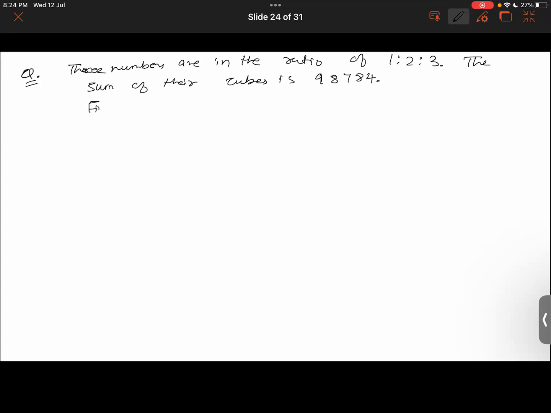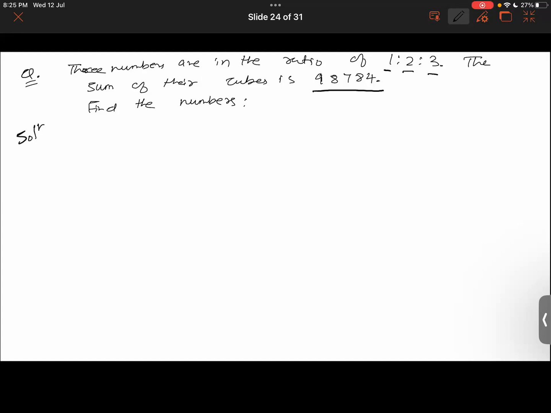You are required to find the numbers. The question says that 3 numbers are given here and they are in the ratio of 1:2:3, and the sum of the cubes of these numbers is 98,784. Find the numbers.